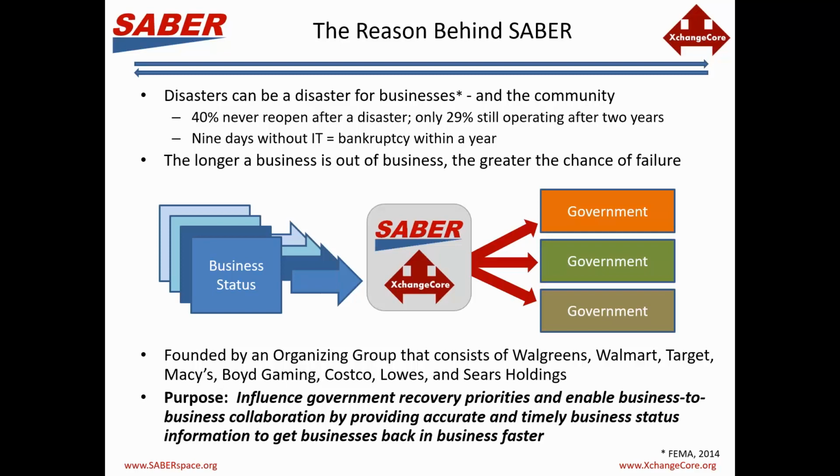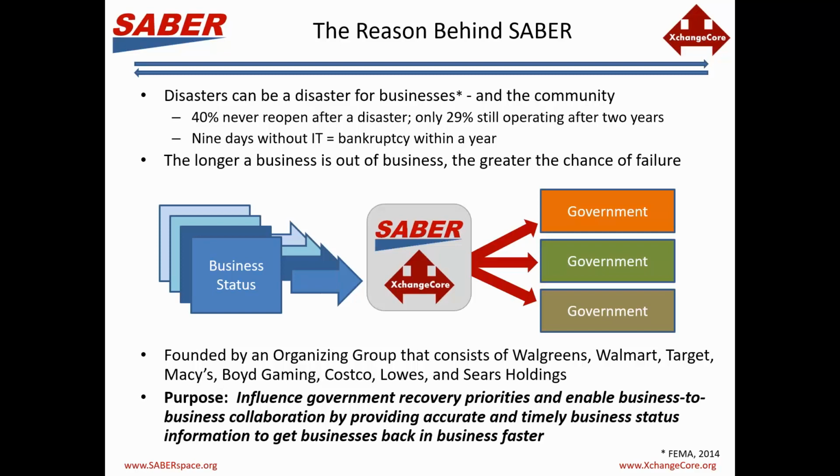What SABER does is depicted there in the graphic. Fundamentally, the idea is to have a business create their status, share it with SABER, and then distribute it to lots of other organizations, government, volunteers, even other businesses. So it's a one-to-many distribution.